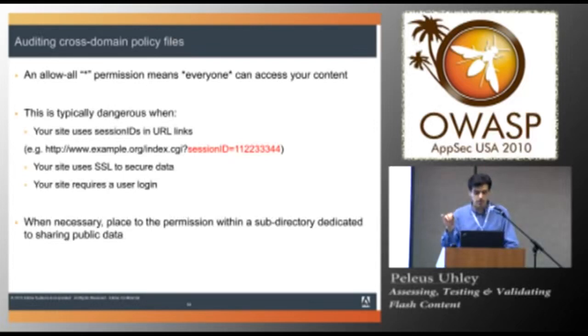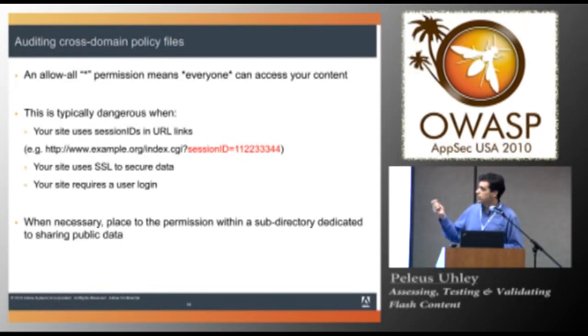You obviously want to avoid them on any site that uses SSL or requires a user login. If you're requiring a user login or SSL for the site, chances are you didn't want to share data with other people. That's why you have the SSL connection set up in the first place.